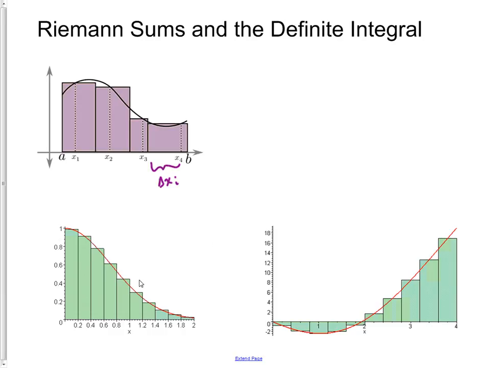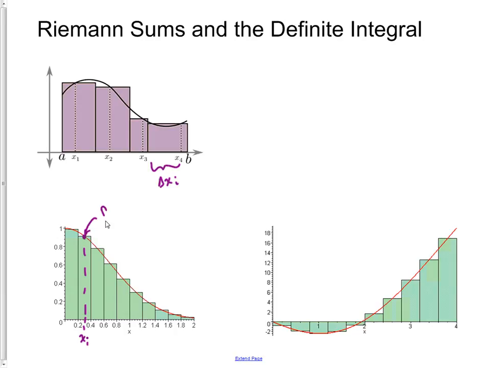So if we had been setting this up with our rectangles all along, rather than choosing a left-hand limit or a right-hand limit, we could have just chosen any point within our interval and said, okay, that will be our point x of i, and that would be the point where we find the value of our function.